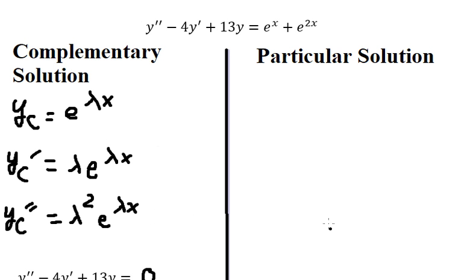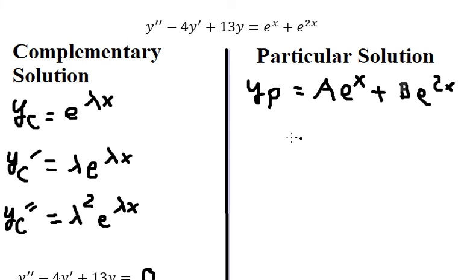Now let's go to the particular solution. So we have yb. We see that we have e to the power of s and e to the power of 2s. We can put it like this. Now if we take the first derivative of yb, we have this.